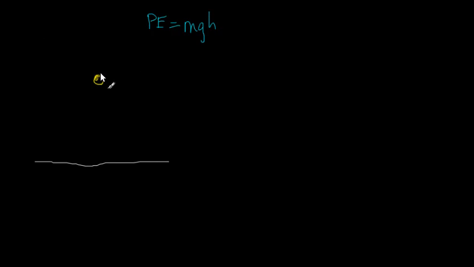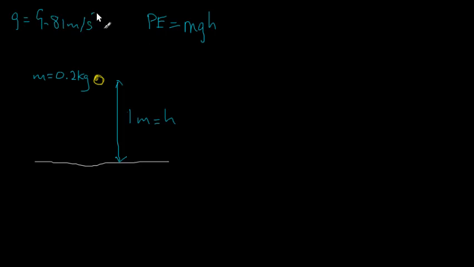So in this case, for example, let's say the ball is 0.2 kilogram, so that's the mass, and the h is the height from the ground. Let's say it's 1 meter. So that's my h. And g, we know what g is. g is 9.81 meters per second squared.